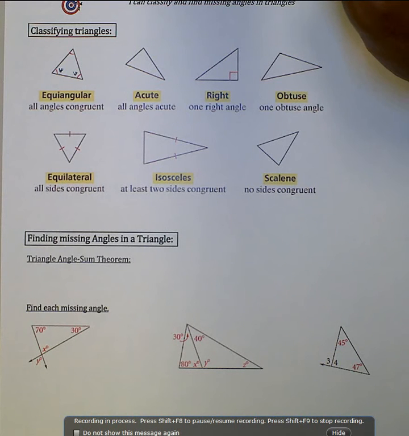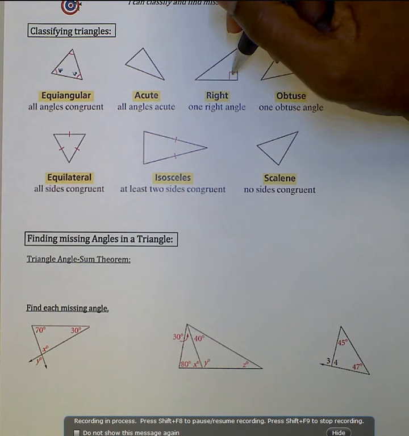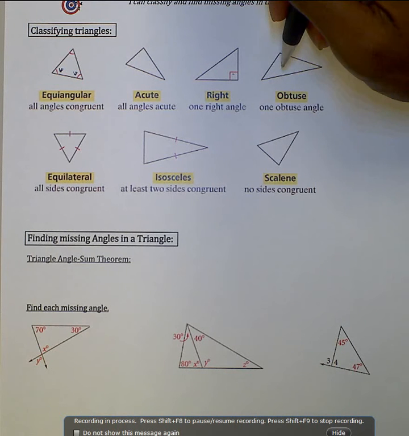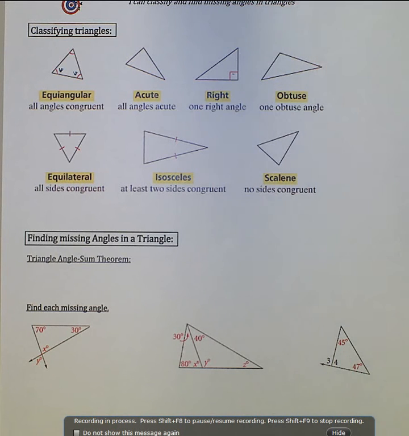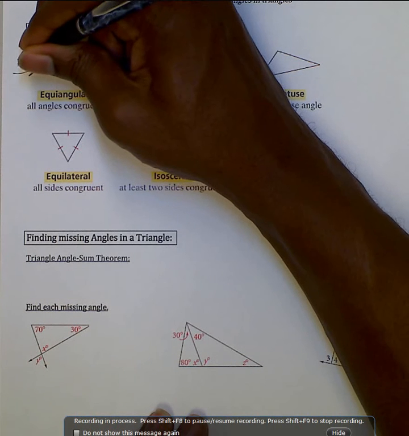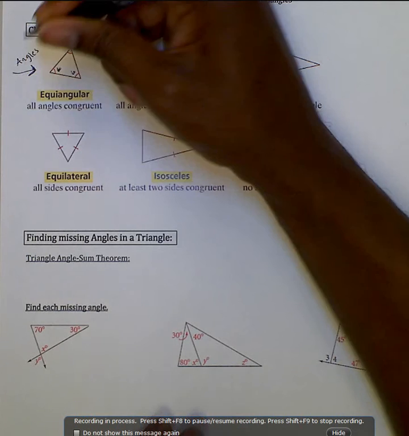If we have one 90-degree angle, or one right angle, it's a right triangle. And if we have one angle that is greater than 90 degrees, or obtuse, it's an obtuse triangle. So those are all angle classifications.